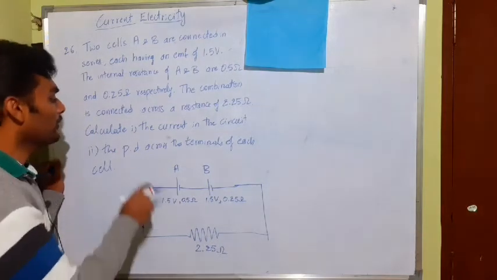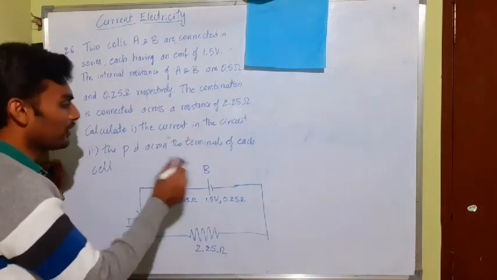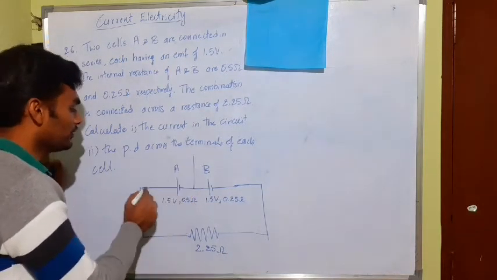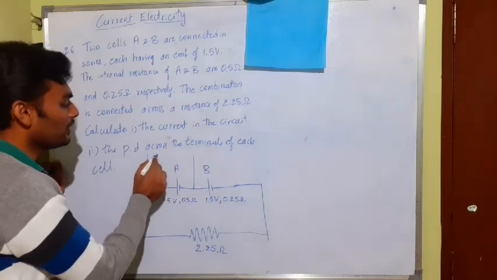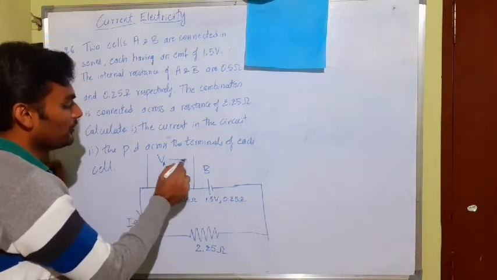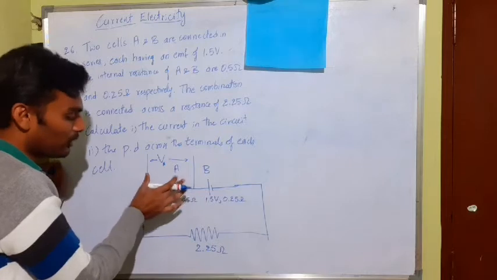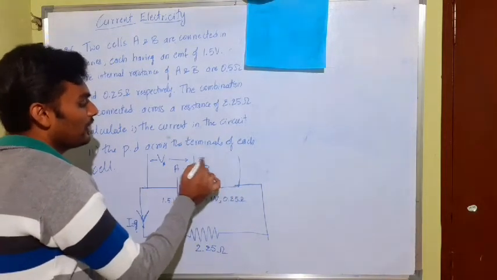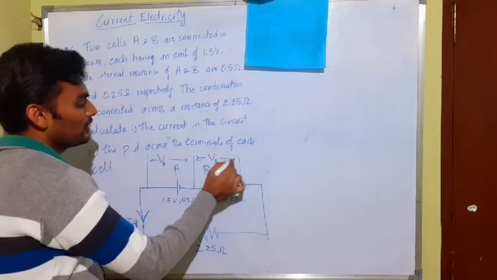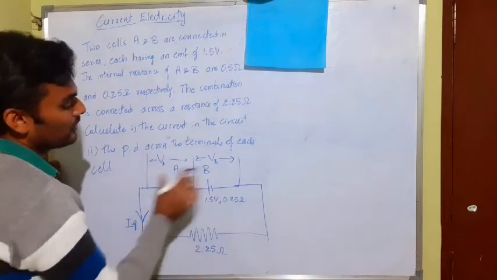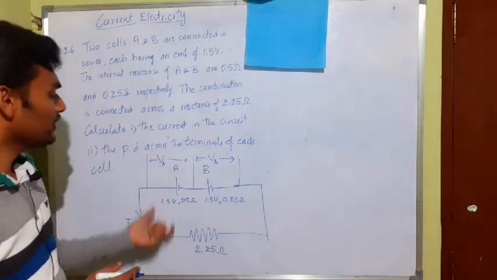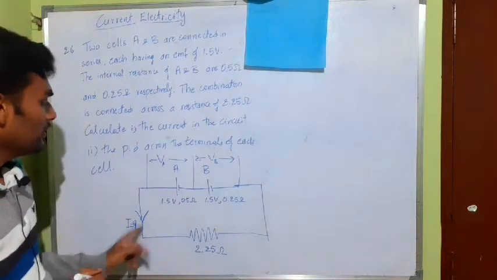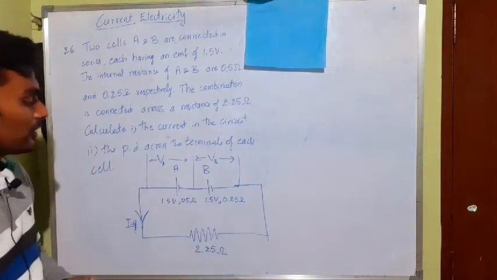And not only current, but also the potential difference across the terminals. So potential difference between these 2 points across the terminals of the cell, which I can call VA. VA is the potential difference across the first cell, and let me call this VB, which is the potential difference across the second cell. So voltage across cell A and cell B has to be calculated. Okay, I, VA, VB are the terms which have to be calculated.